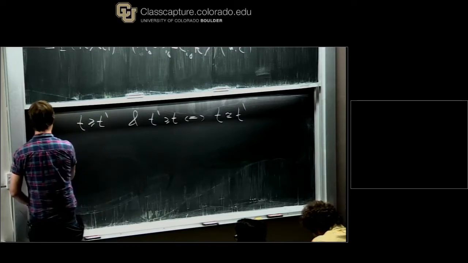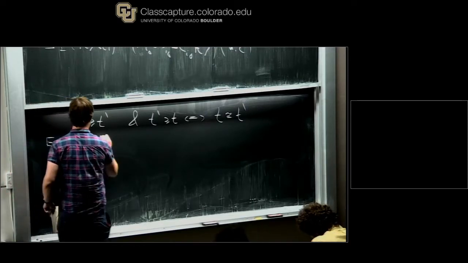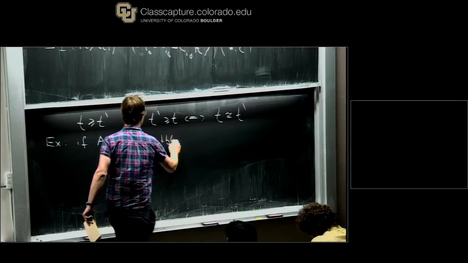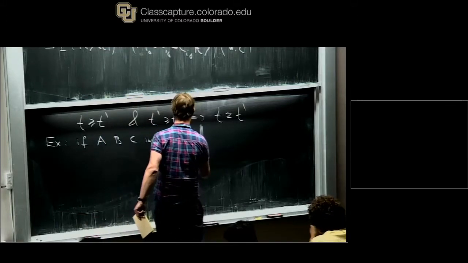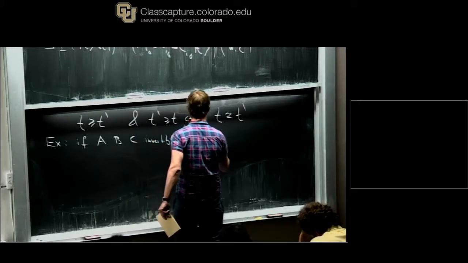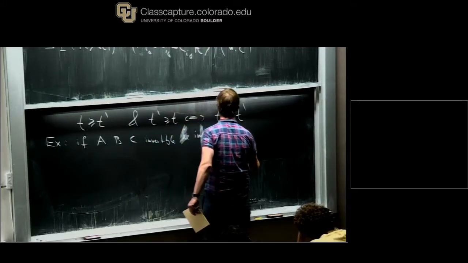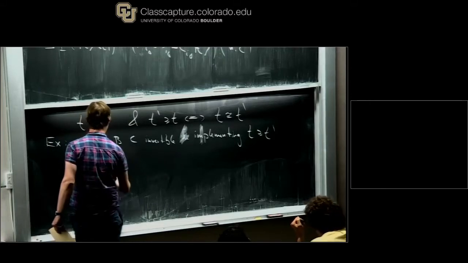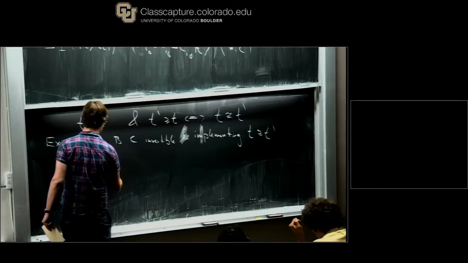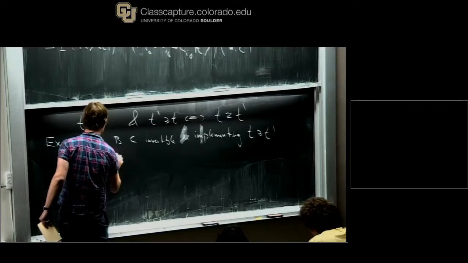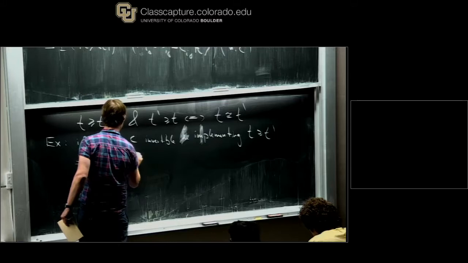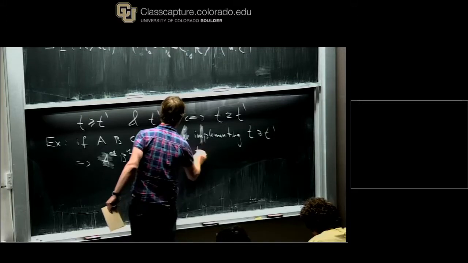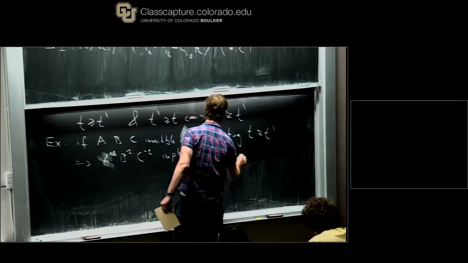An example: if A, B, C invertible and implementing t bigger than t prime, then of course A inverse, B inverse, C inverse implement t prime bigger than t, right?